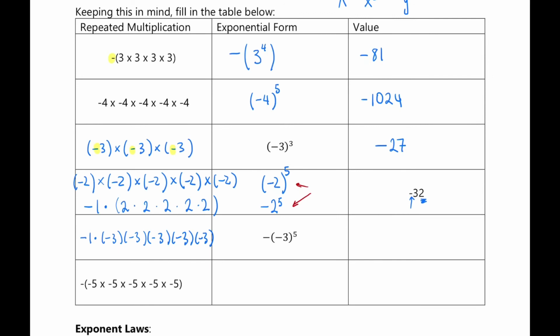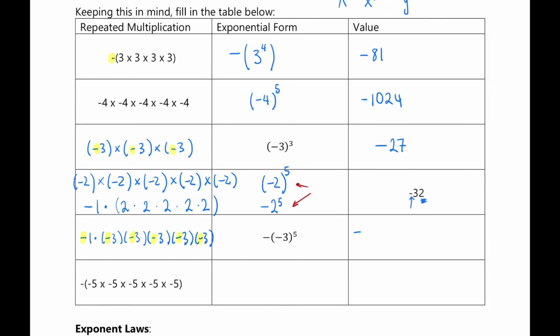All right, so let's take a look. We know that this value is going to be a positive value because how many negatives do you see? 1, 2, 3, 4, 5, 6. Even number of negatives.